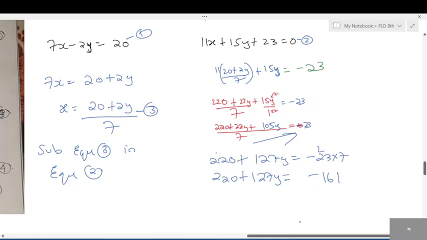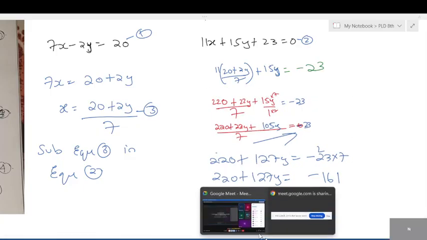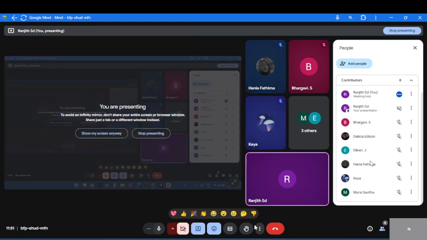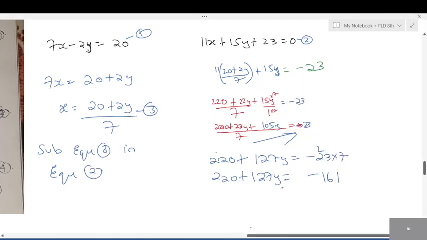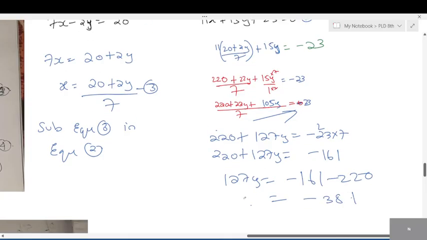Same value? Respond, students. 127y is equal to minus 161 minus 220. What do you get? Minus 381. So y is equal to minus 381.